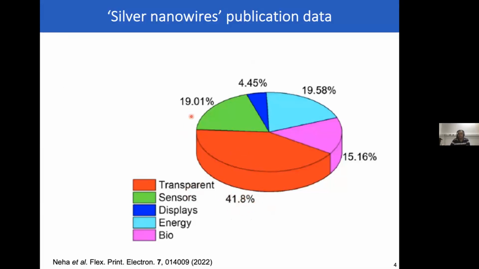Around 19% use it for sensors, or they have the word sensor as an additional keyword to silver nanowires. So that's what this pie chart tells you, where people are using these wires. So ideally speaking, all the publications which are going to use this material, everything is going to be transparent, actually. Is it right?